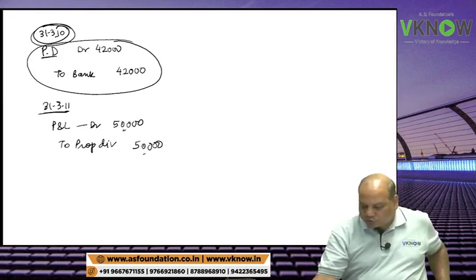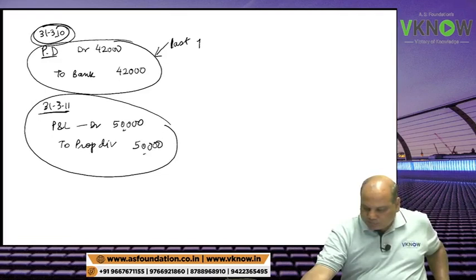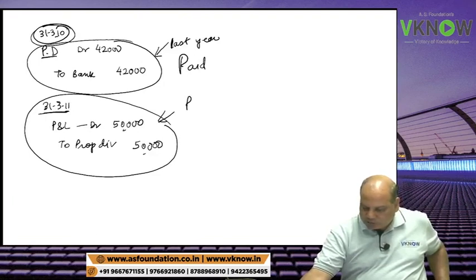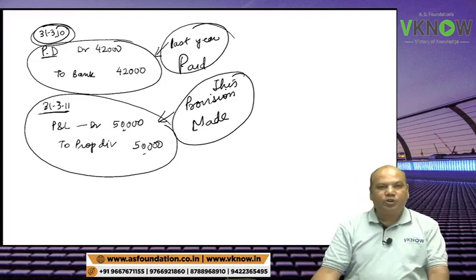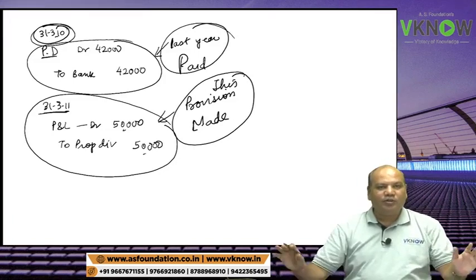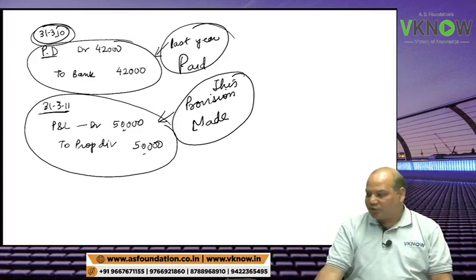In case of proposed dividend, we will assume last year proposed dividend, last year paid, and this year provision for proposed dividend made. Last year paid, this year made. Poem. What is the poem? Last year paid, this year made.